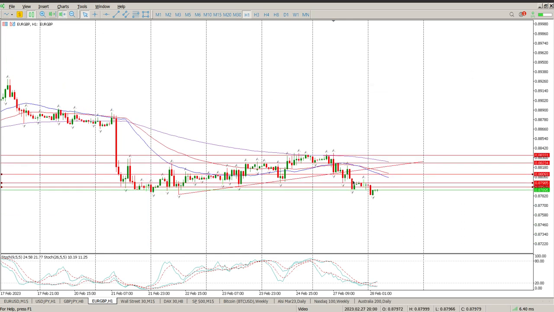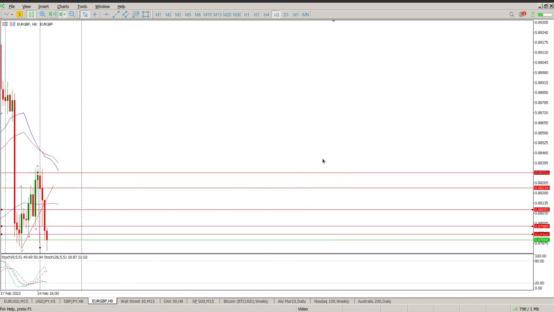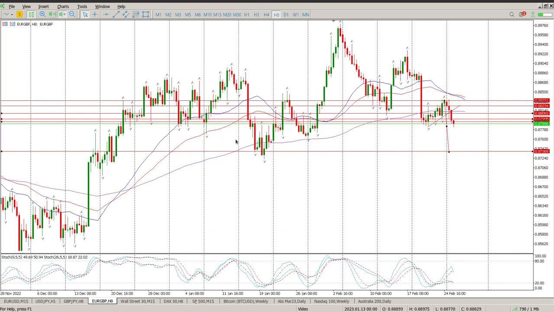So if we do start dropping below this area here properly, it should fall like a stone, and it's going to basically give us a measured move down in this area here of 087369. And if I just go back to the 8 hour, you'll see that lines up quite nicely with what happened down here. Okay, anyway, that's kind of my view for today.